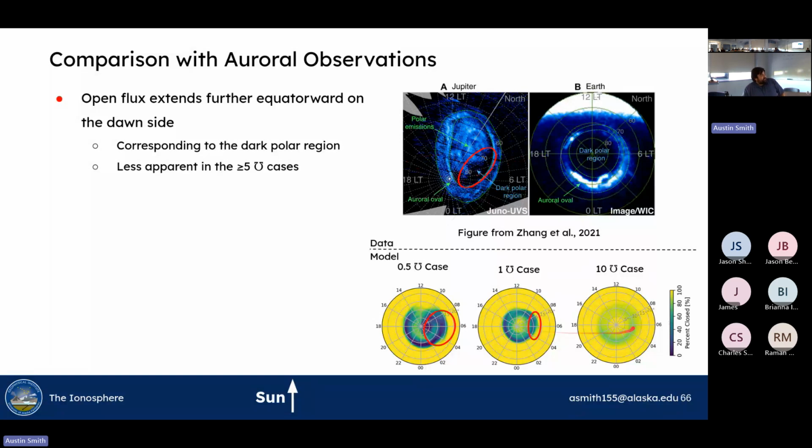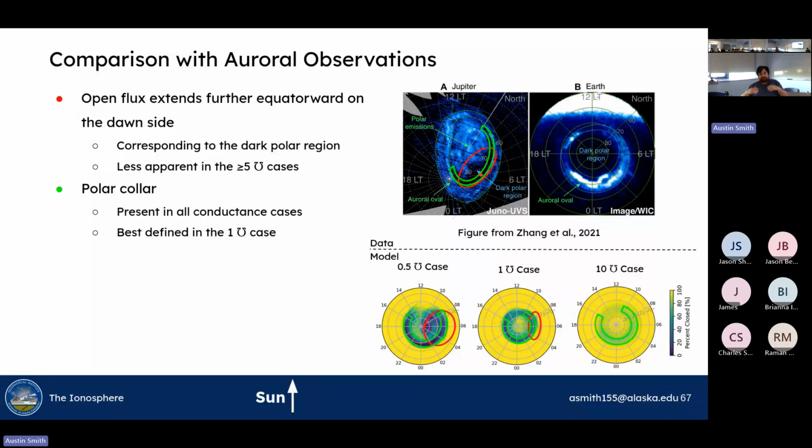In the model, this is showing, again, the percent of closed flux in this 100-hour average. We see that on the dawn side, there's more open magnetic flux. It extends more equatorward, although this is less apparent in the higher conductance cases. This corresponds to the dark polar region in the aurora. There's also this polar collar, which is a dark region in the auroral observations just poleward of the main auroral oval.